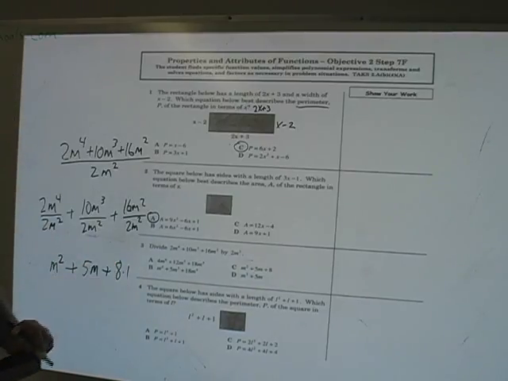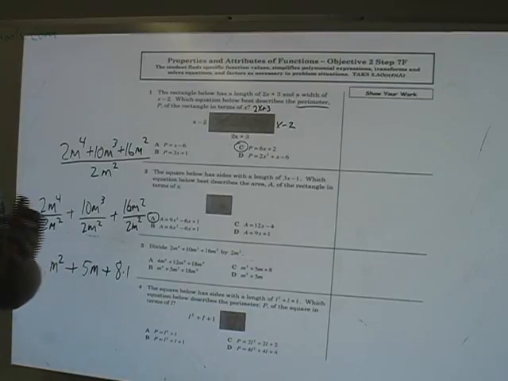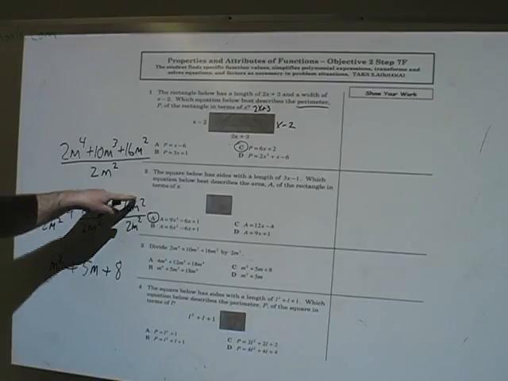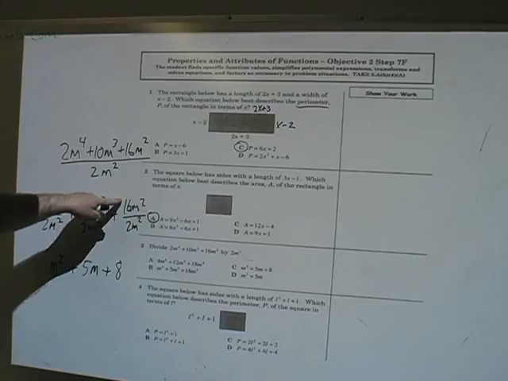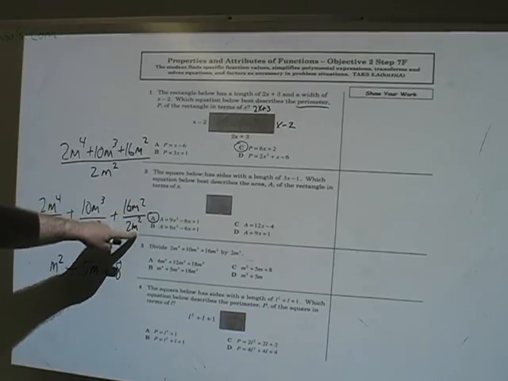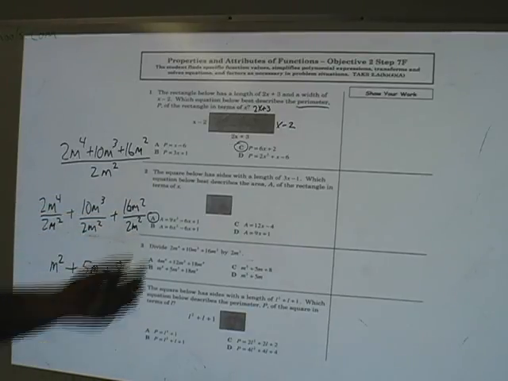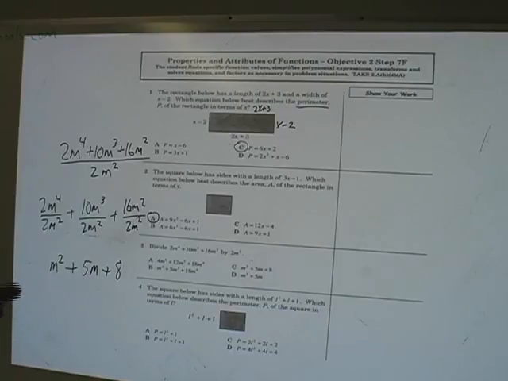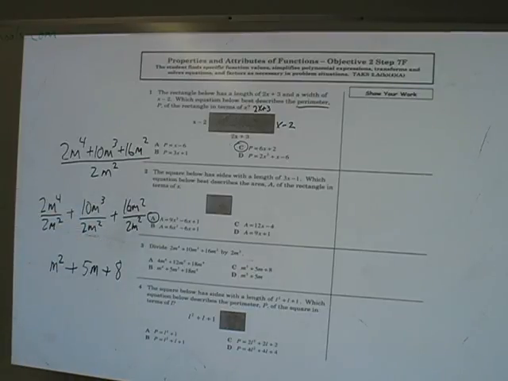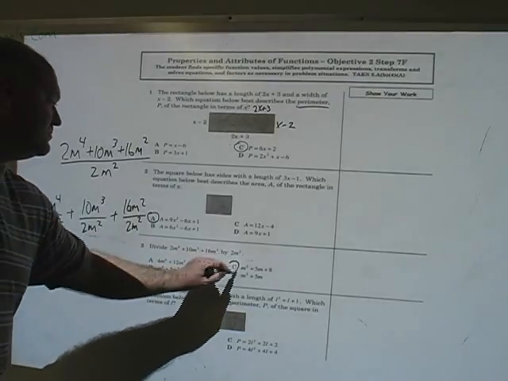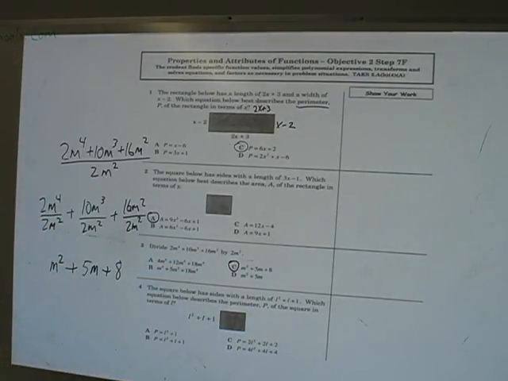You could say 8 times 1, but 8 times 1 is just 8. Now, you should have known just by looking at it that this was just going to be 8, because anything divided by itself just cancels out. It's just 1. So the m squareds cancel, and you just have 8. So your answer is C.